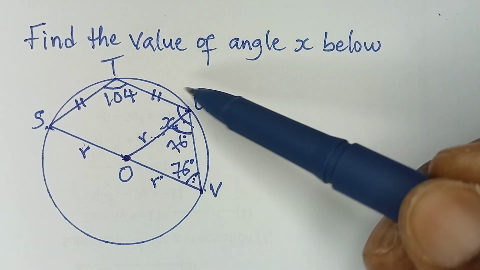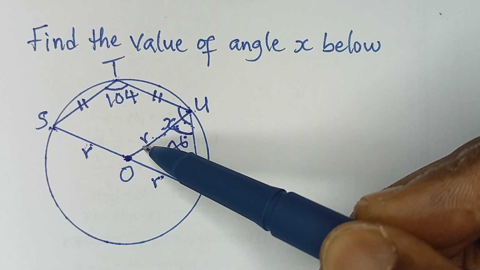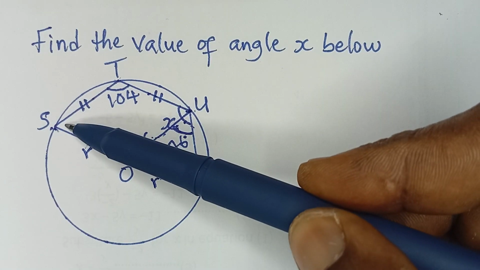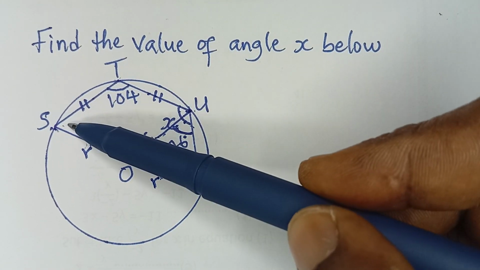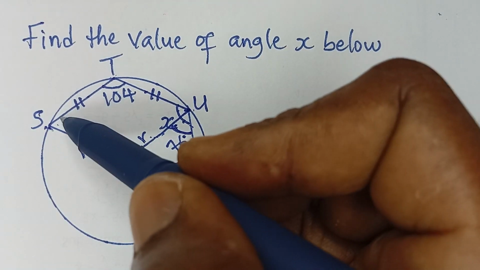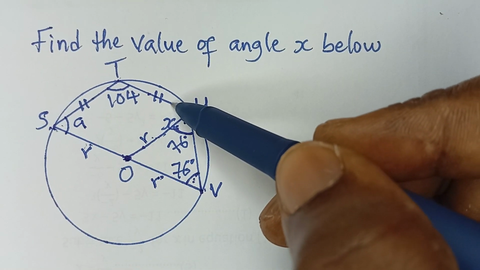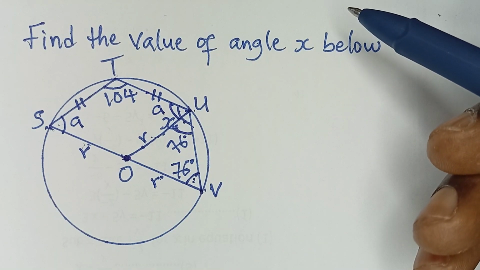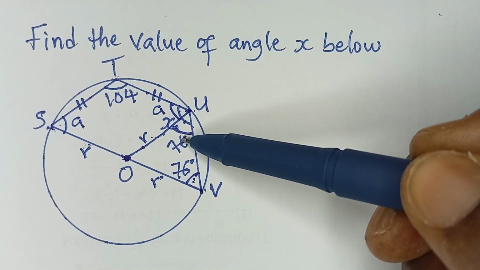So once we have a quadrilateral such as this, looking like a kite, where the two adjacent lines are equal and the other two adjacent lines are equal, then the opposite angles between the unequal lines will also be equal. So I'm going to call this angle A. And I'm also going to call this angle A because they are equal. Now, back to this triangle, this is 76 and this is 76 degrees.